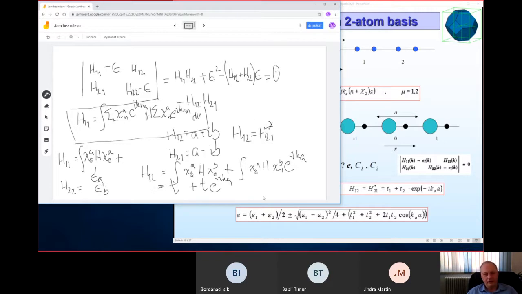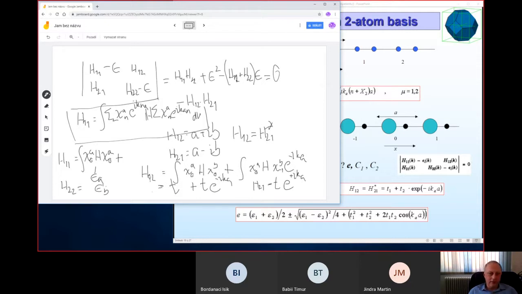And for the second matrix element, H21, we would have an interaction of the chi B0 with the chi A0 in the same unit cell, so again t, but then with the chi 1b, chi 1a, so it would be plus e to the ika.